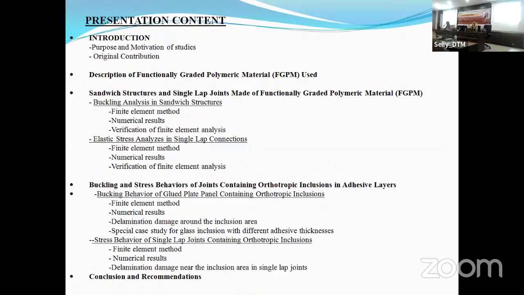And what about the loading? The loading types are tensile and distributed load. We discuss the buckling analysis case in sandwich structure, and we discuss elastic stress analysis in lap joints.